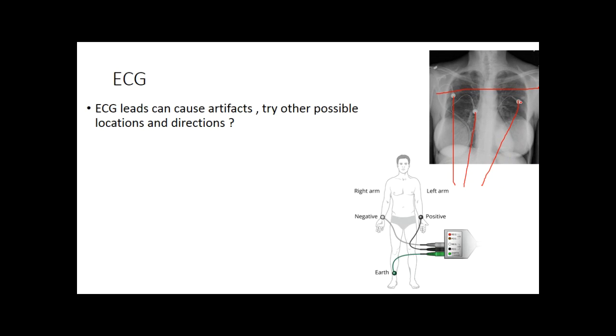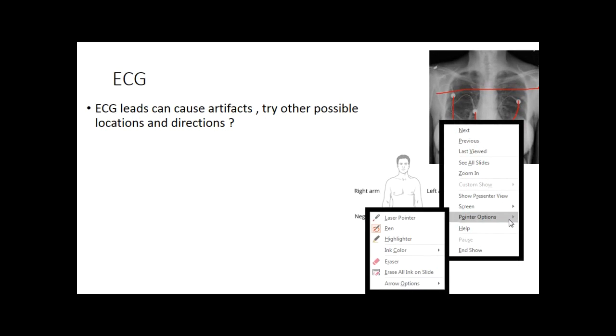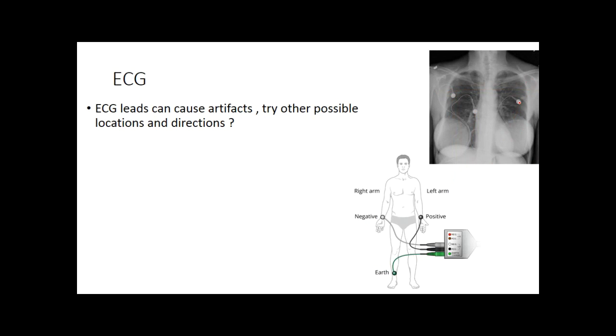And as much as possible, they should be directed with the axis of the patient rather than at an angle. So this produces lesser artifact because of the area that needs to be penetrated by the beam than this direction. In this direction, you will have more area for the beam to pass through, so the artifact will be stronger.